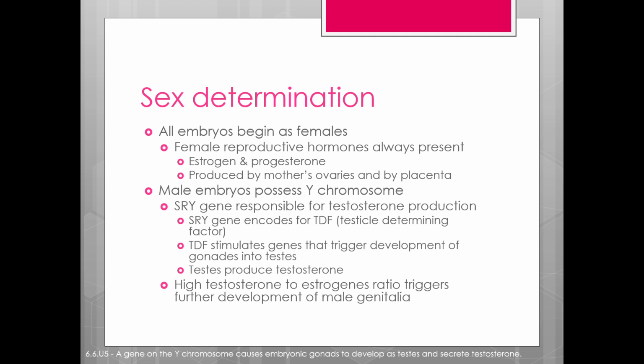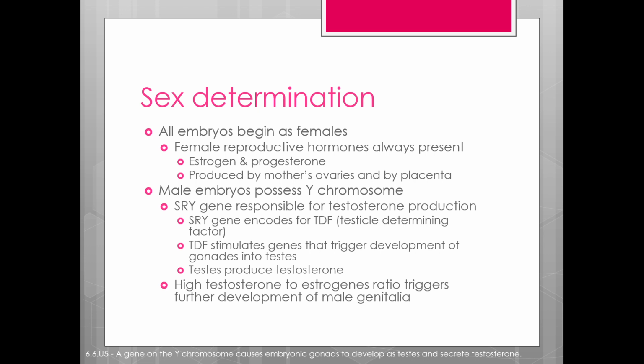All embryos start as females in terms of a set of hormones produced and organs and so on, and they develop as such for some time, affected by female hormones produced by the maternal organism.